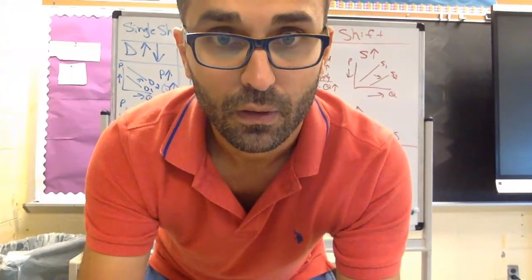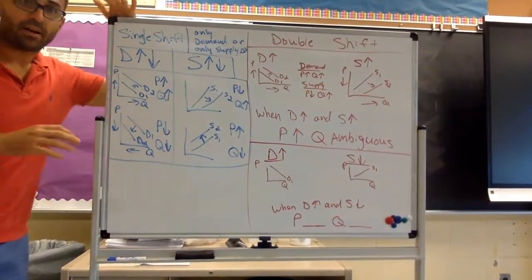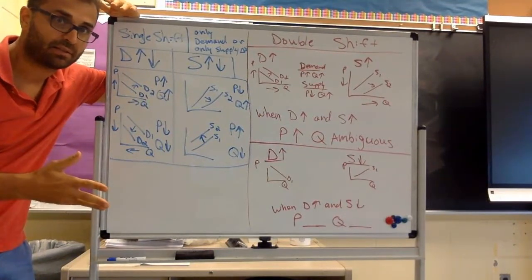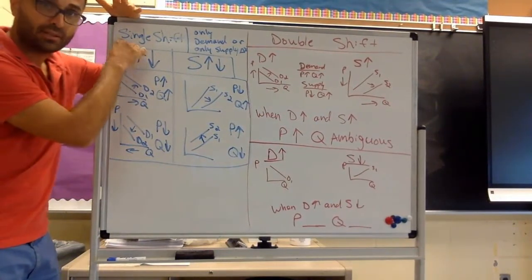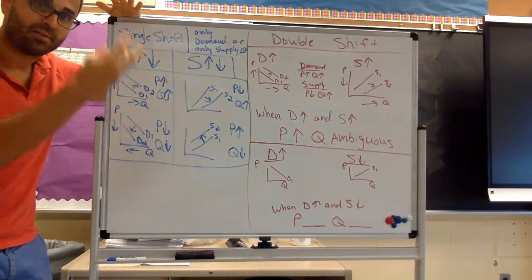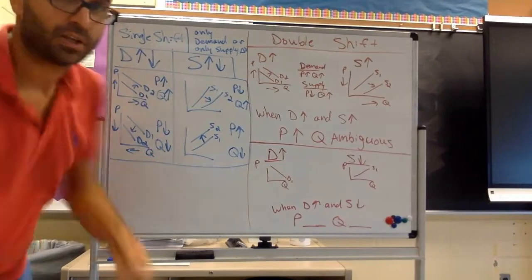So what am I talking about? We're talking about double shifts. When we talk about only demand increasing or decreasing, we're talking about what I call a single shift. We're not talking about the producers, we're only talking about the demander's point of view.